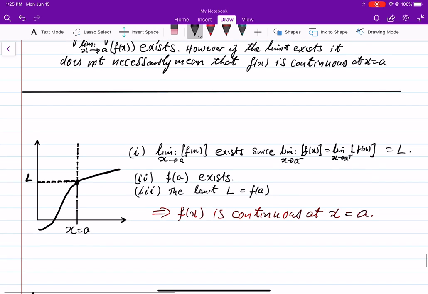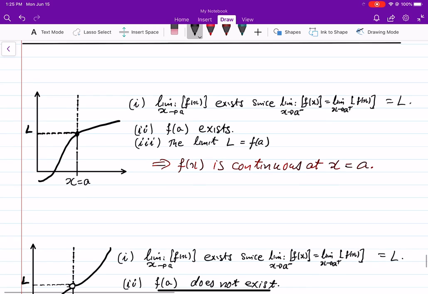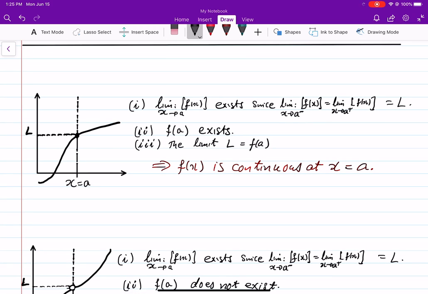All right, so let's get to the examples. First major example here. I have a function, y equal f of x, and I'm trying to see what's happening at x equal a. Now let's see. The limit as x is approaching a of f of x exists. Why is that?